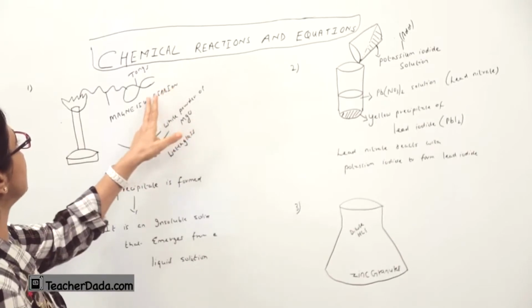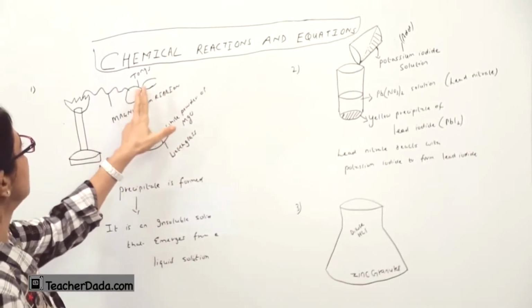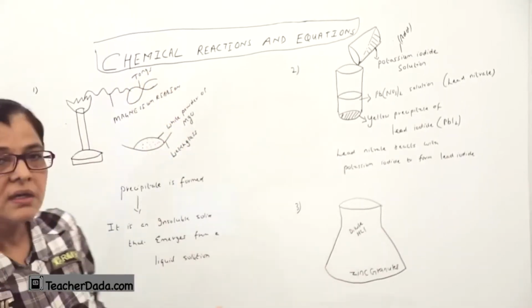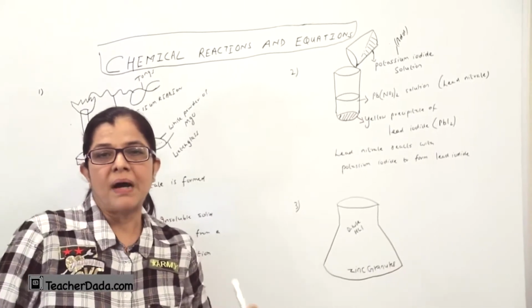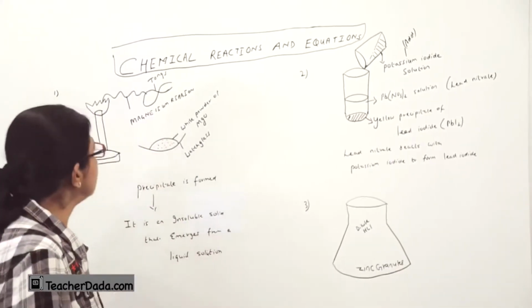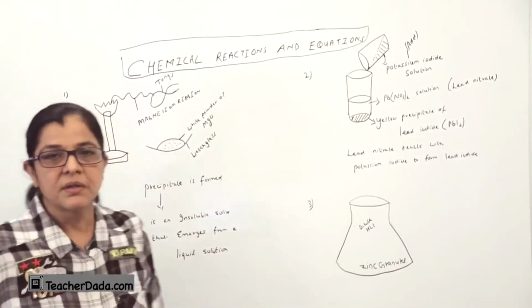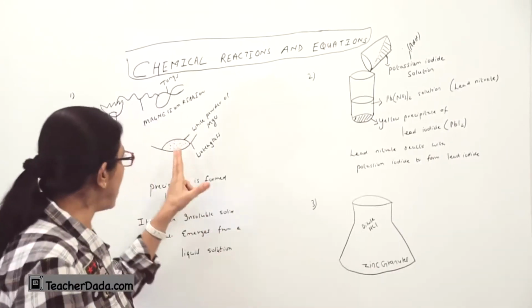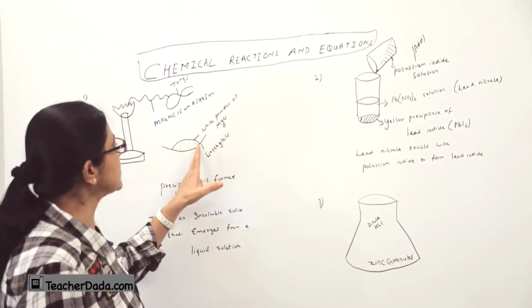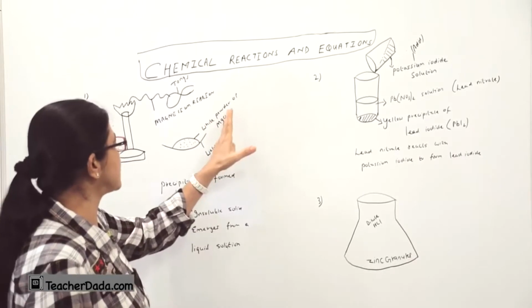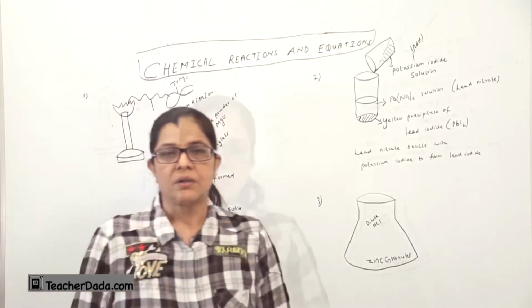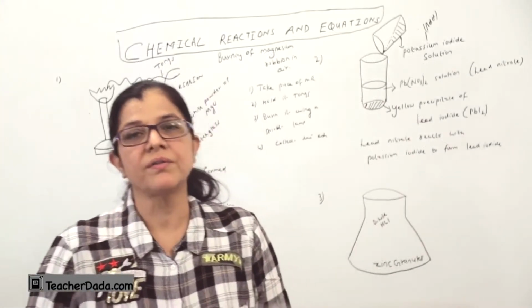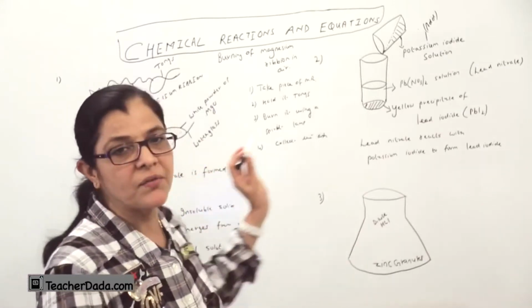This is a magnesium ribbon which I have taken, this is a tong. Now burn it using a spirit lamp, this is a spirit lamp, and collect the ash formed in the glass. What can you see? You can see the white powder of magnesium oxide. Okay, now let us understand more in depth with the help of these experiments.